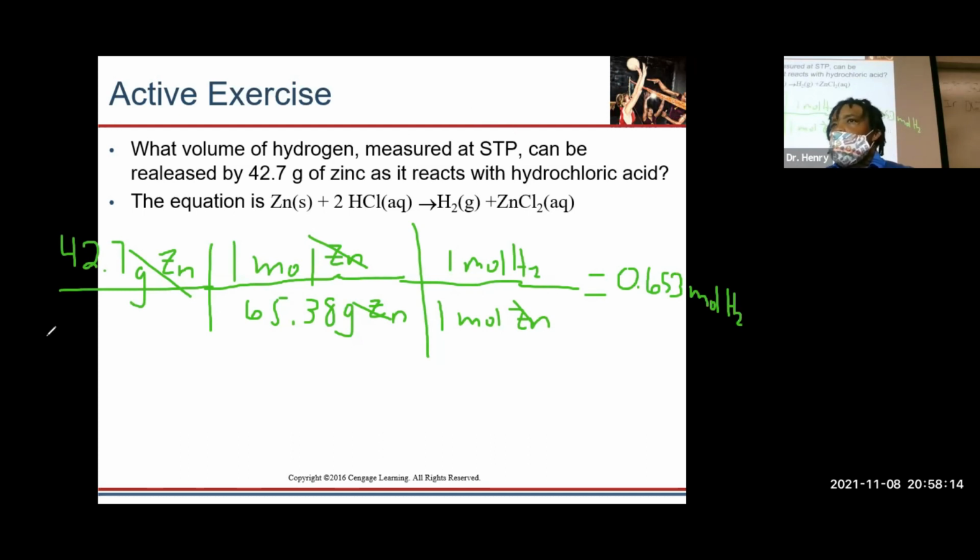So what is STP again? Standard temperature and pressure. So what was our standard temperature? T has to equal what? 0 degrees Celsius. So then that's 273 Kelvin. Okay, and pressure? One bar.